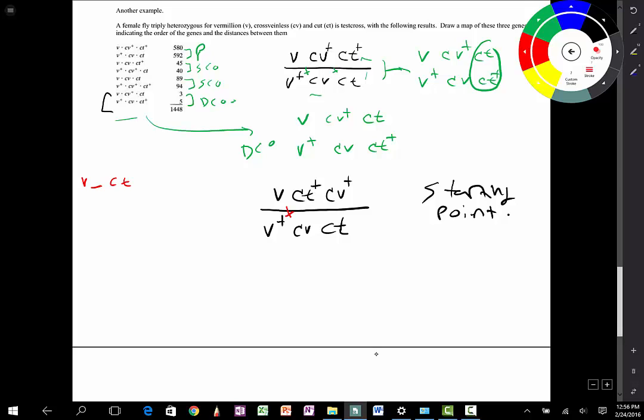And if we get a single crossover between the V and the cut, now V, CV, and CT will be together, and all the pluses will be together. So all three mutants together is 89, and all wild type together, plus plus plus, is 94.